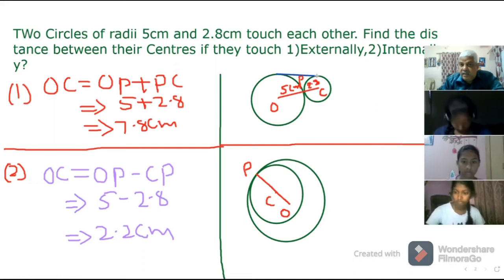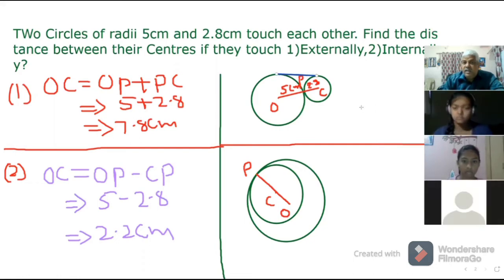Observe DCT. Here I give the name AB. AB is a straight line which is considered as a DCT, direct common tangent.